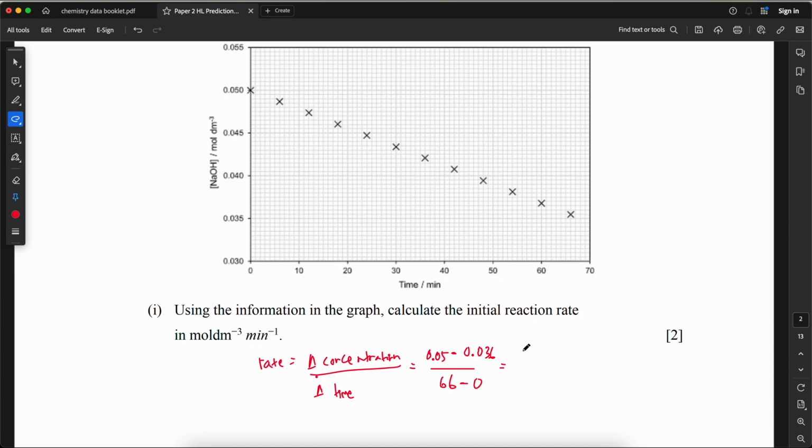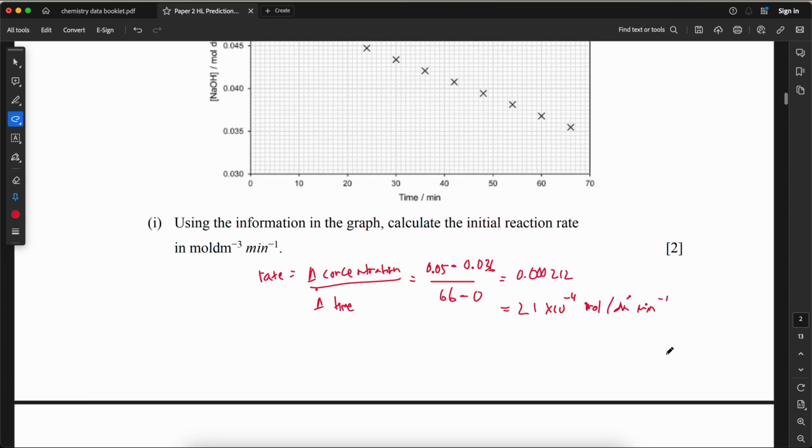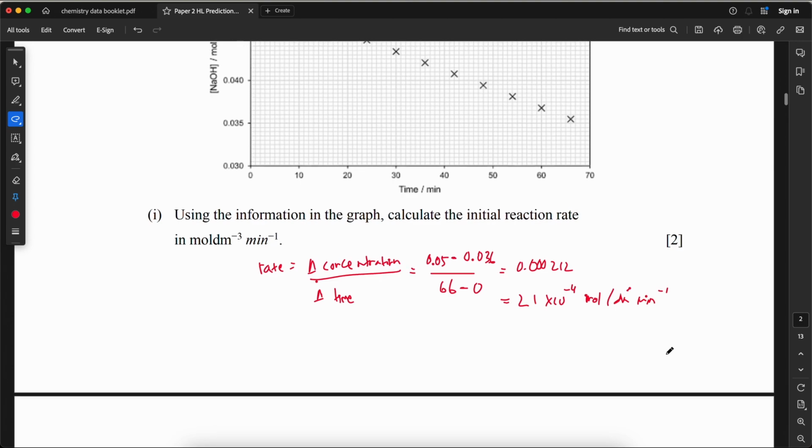Okay, so that would be 0.000212, or 2.1 times 10 to the power negative 4 mole per decimeter cube per minute, mol dm^-3 min^-1.